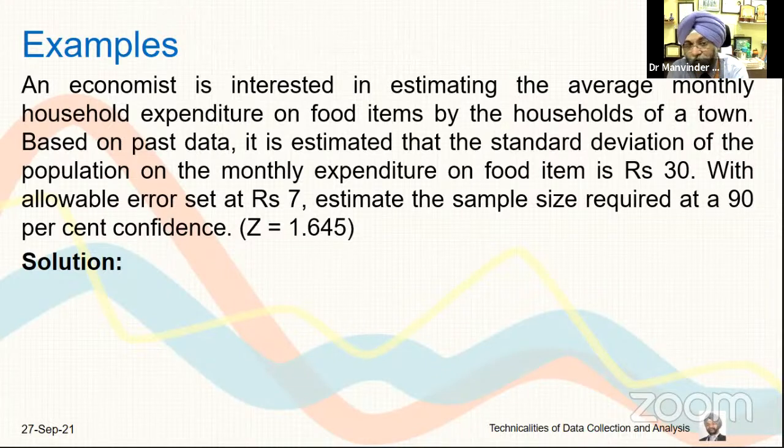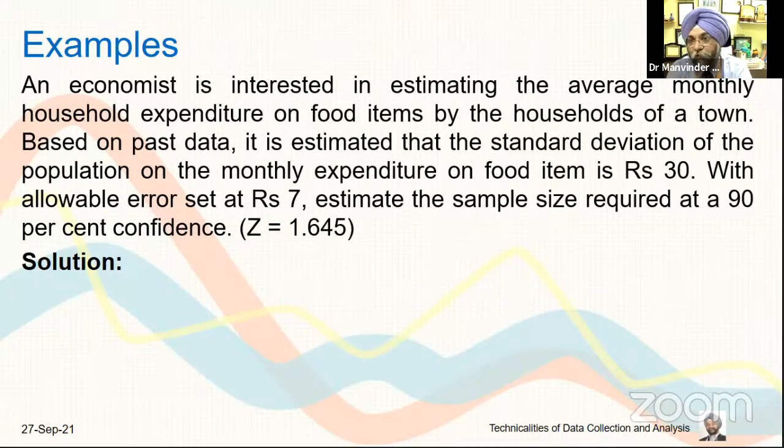So E is also given to you. You have to estimate the sample size required at 90% confidence level, and at 90% confidence level, the value of Z is 1.645. I've already told you.